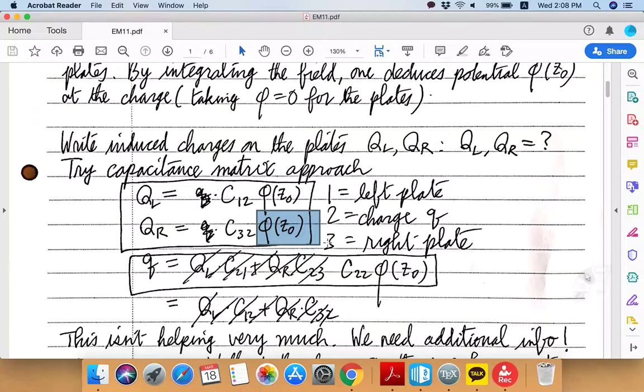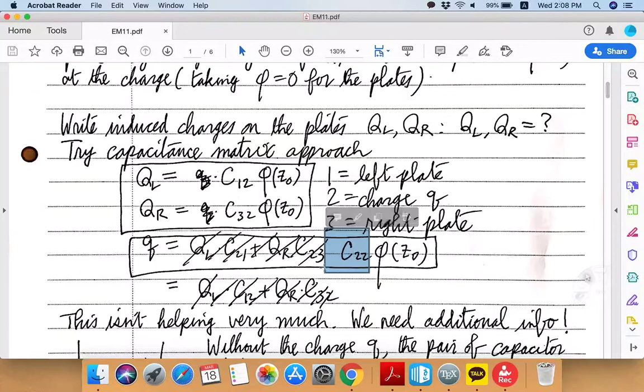So that's something you can write down immediately, but sorry, I forgot. There's also an equation for the Q, which is given by the potential itself multiplied by the self-capacitance C22.